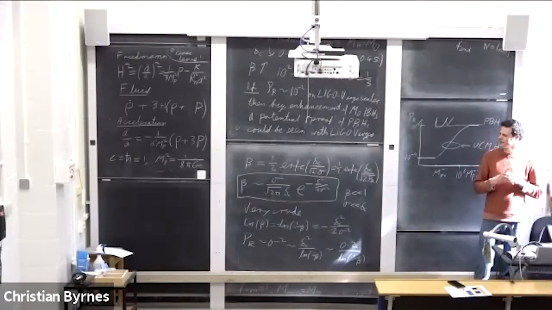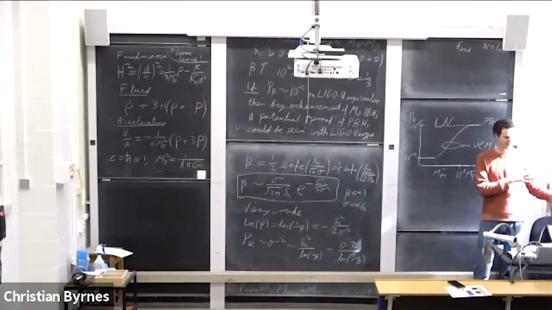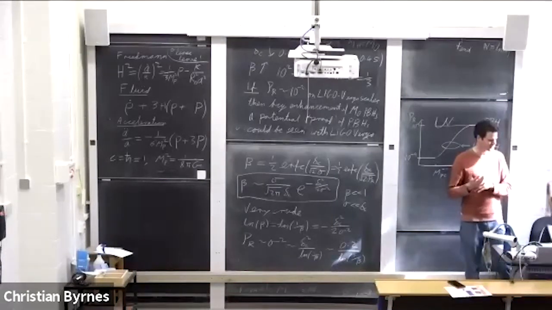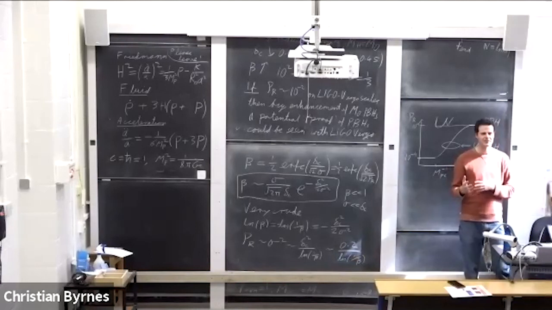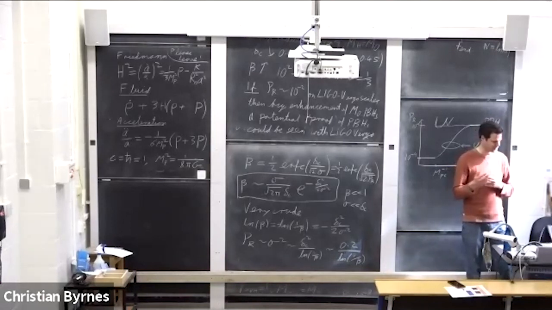But whether the calculation has been done in that way, I'm not sure. As long as you do the calculation in a gauge and you know how to transform your results to another gauge, it doesn't matter that you did a gauge-dependent calculation. As long as you're able to translate your results correctly between gauges, you should get the same answer as if you'd started with the gauge invariant calculation.